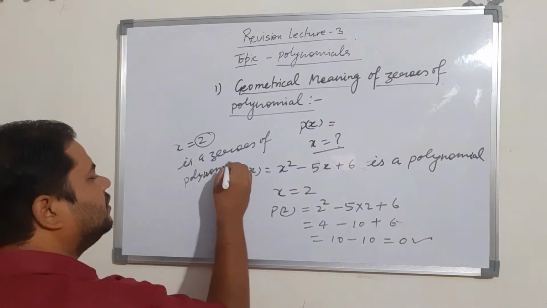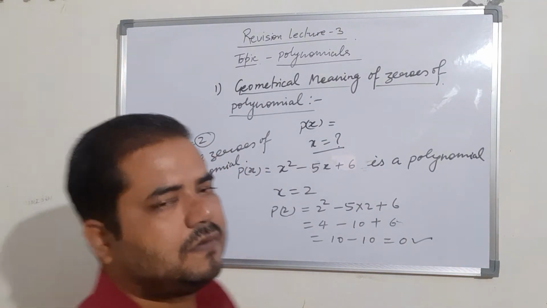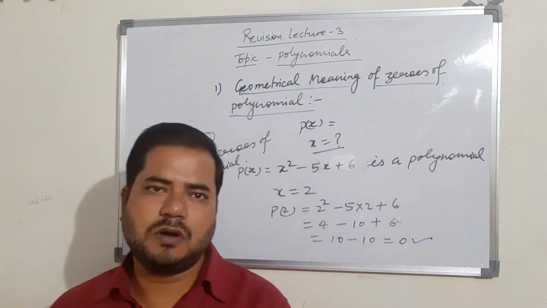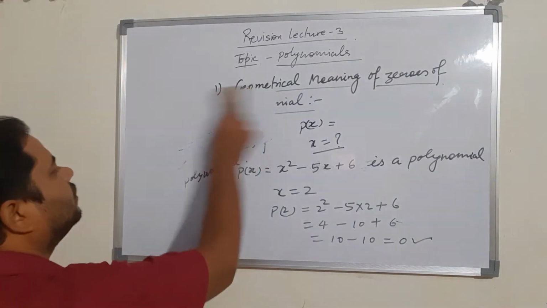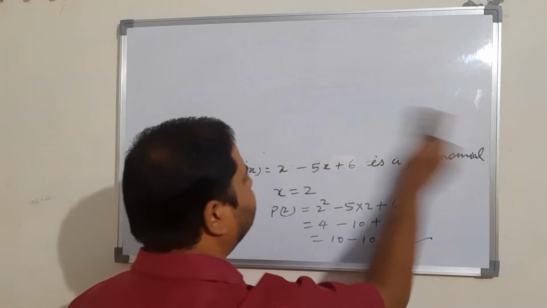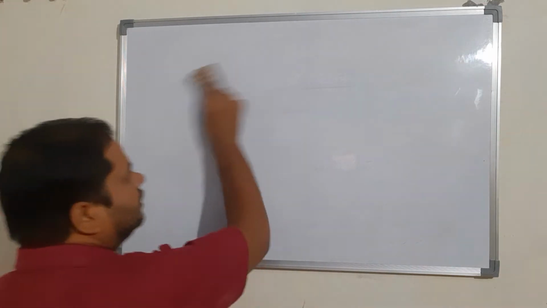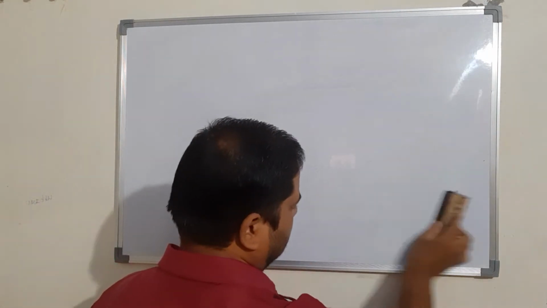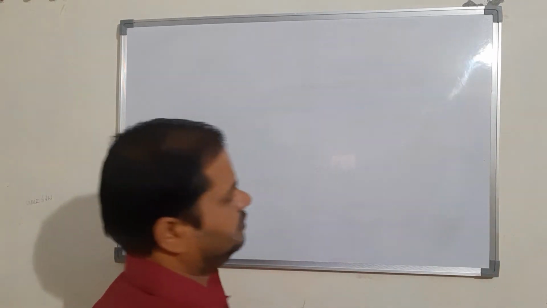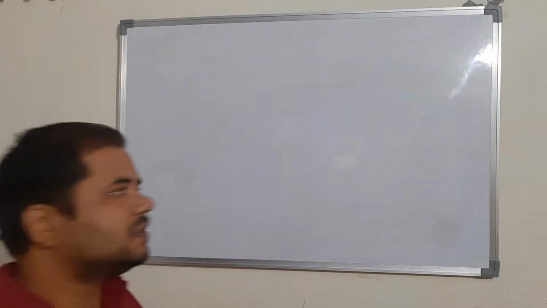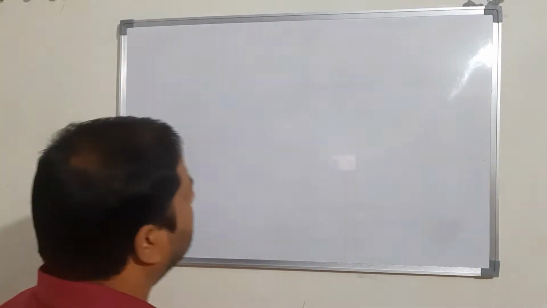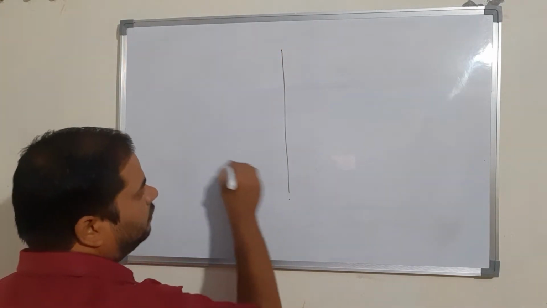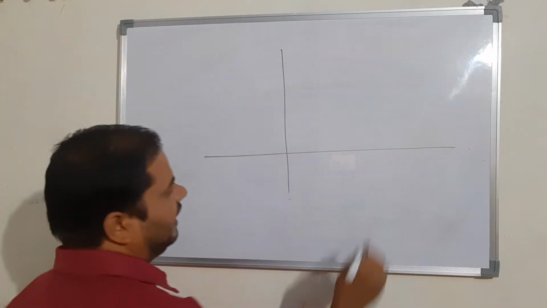Okay. So first of all we see the geometrical meaning of zeros of a polynomial. Geometrical meaning means the number of zeros of a polynomial is nothing but the number of points of intersection of the graph of the polynomial with the x-axis.